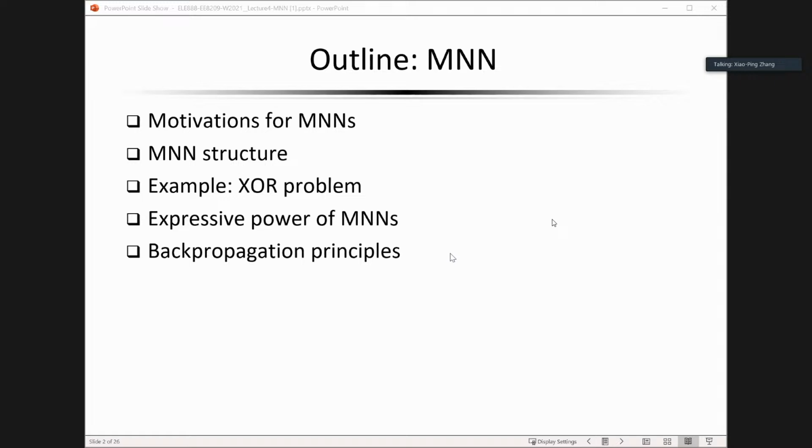This is the outline: we'll look at why we are doing multi-layer neural networks and the neural network structure, give a few examples, and also probably currently the most famous algorithm in the world, backpropagation. Mathematically, it's really not complex. After these two weeks, I hope you have a good grasp of the backpropagation algorithm.